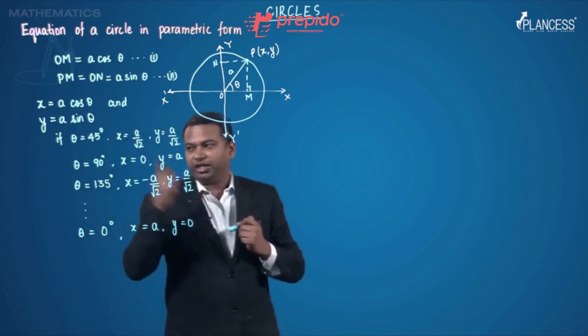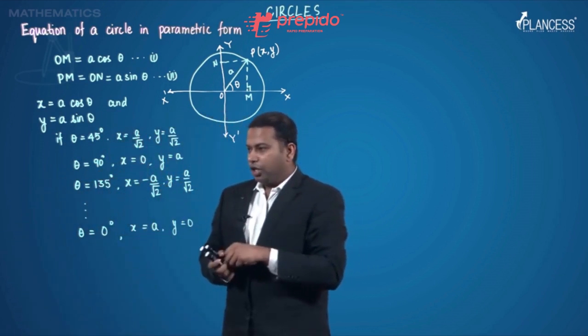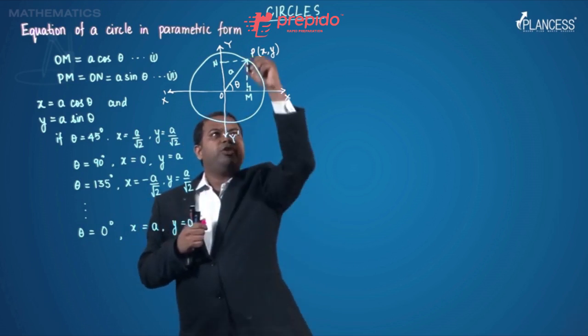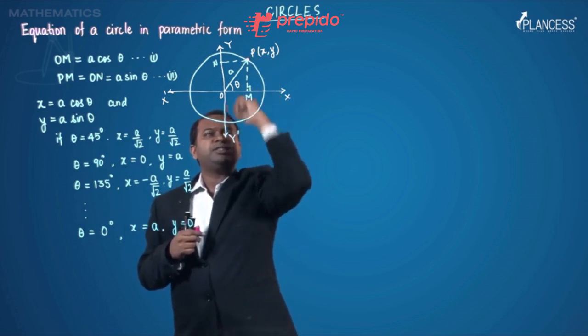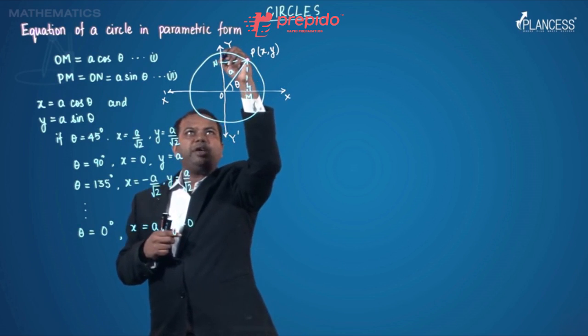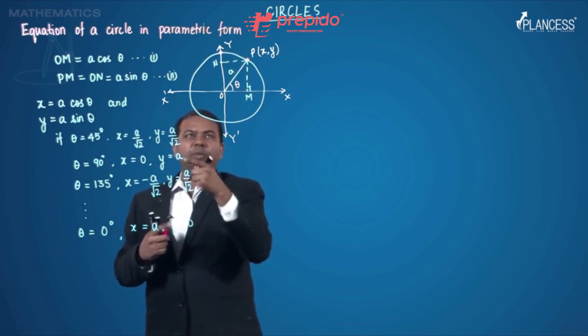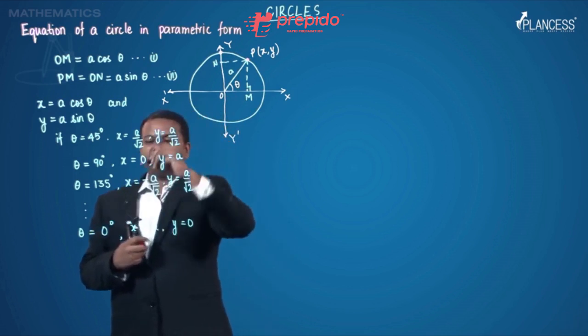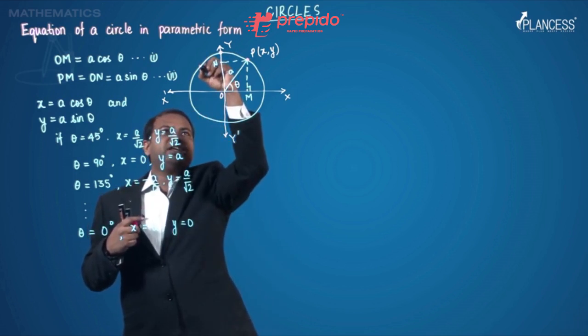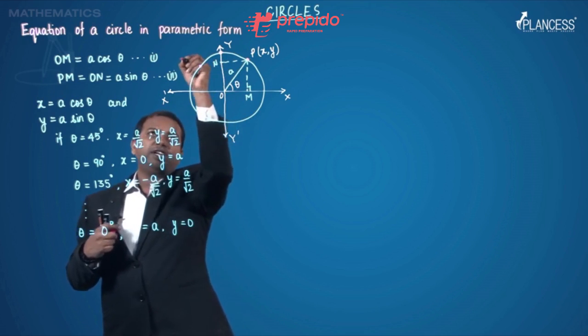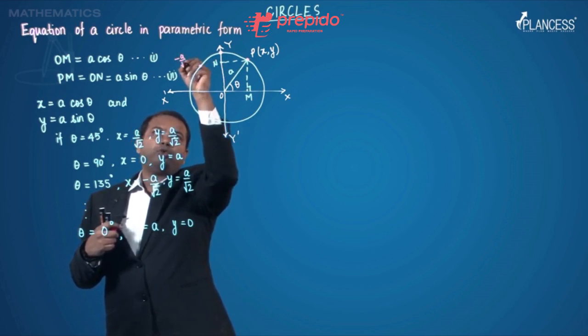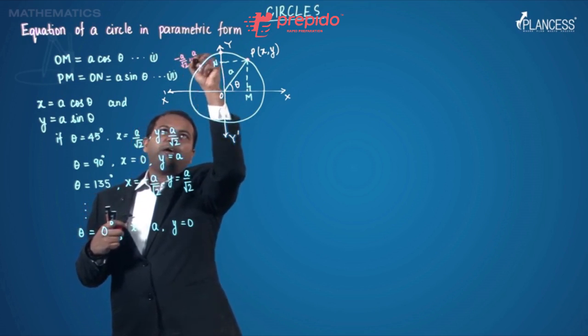If you try to plot these points on this circle, the first point will be somewhere like this. The second point will be 0 comma a, which will lie on the y axis. The next point will lie somewhere here, which will have coordinates minus a upon root 2 comma a upon root 2.